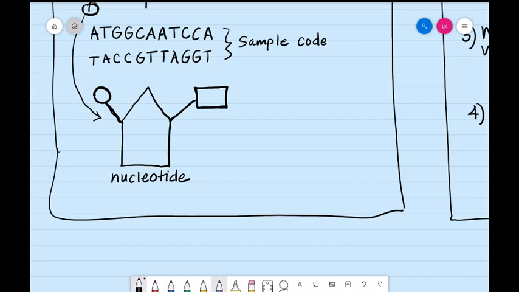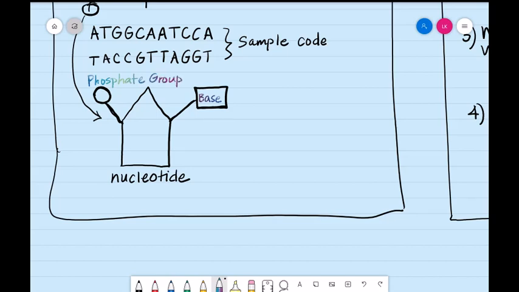So this part of it, let's use multicolor. This is the base. Okay. This is the phosphate group.